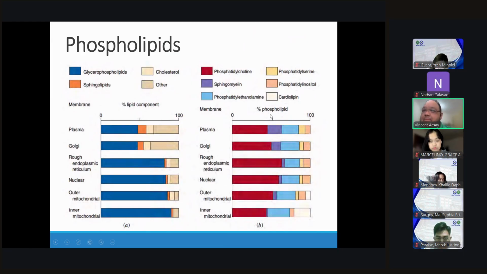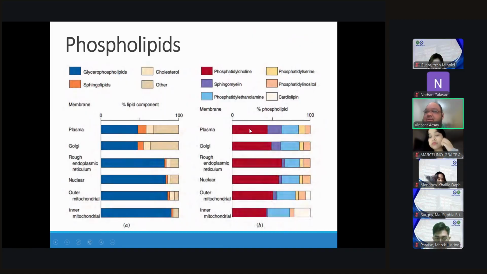At the same time, among phospholipids, their forms can exist in different concentrations. In red, you see phosphatidylcholine greatest within the rough endoplasmic reticulum and the nucleus, as compared to the Golgi apparatus and the plasma membrane.